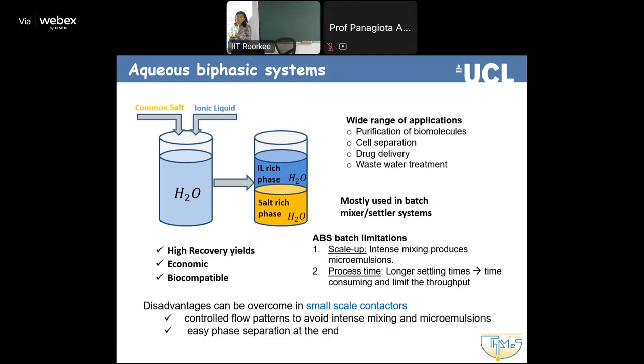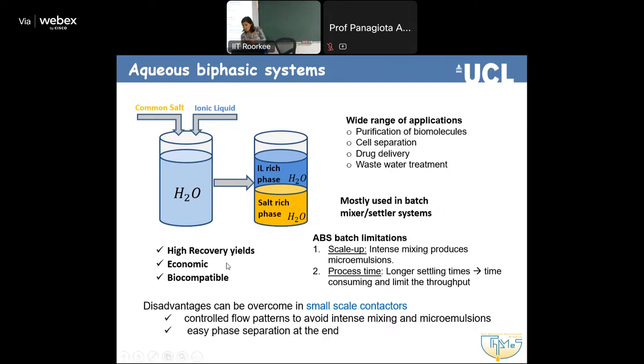And the good thing is that although we have some salt and some polymer, the majority is water. What we have done, because we have been working with ionic liquids, is instead of using polymers, we used ionic liquids and salts to create these aqueous biphasic systems. So we actually have water, we put ionic liquid with salt, and then after certain concentrations, we have two phases.